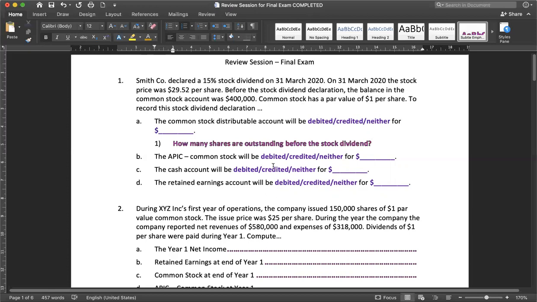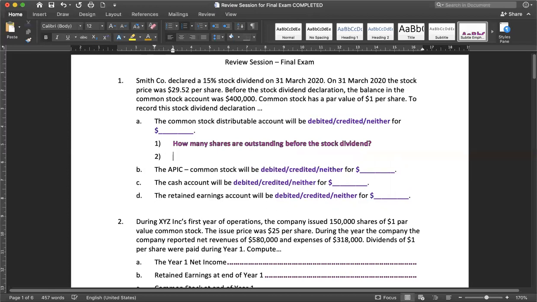And to find the answer to this, what we're going to have to do is link together 2 other bits of information that are given to us. Recall that the common stock account, whenever shares are issued, only the par value is credited to the common stock account. So let me just add that here.